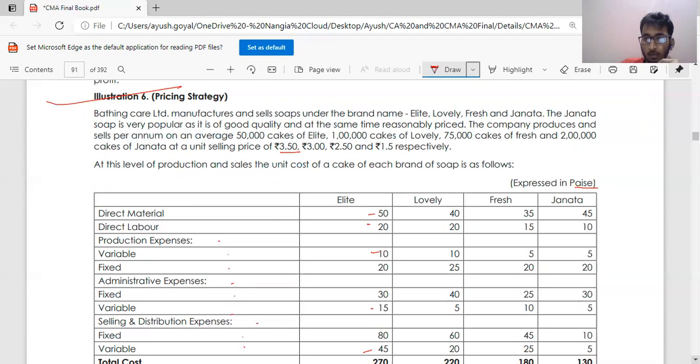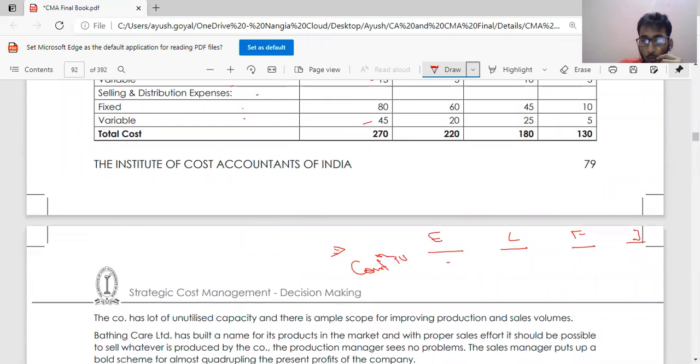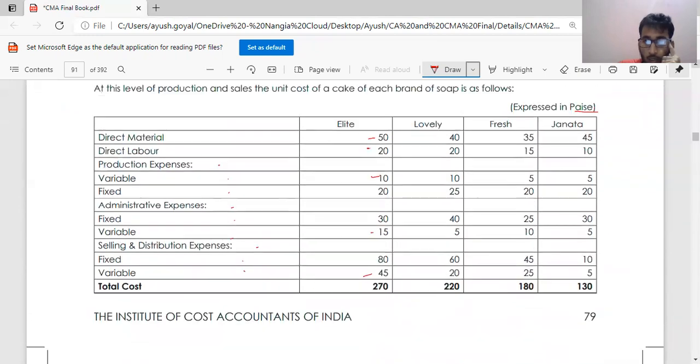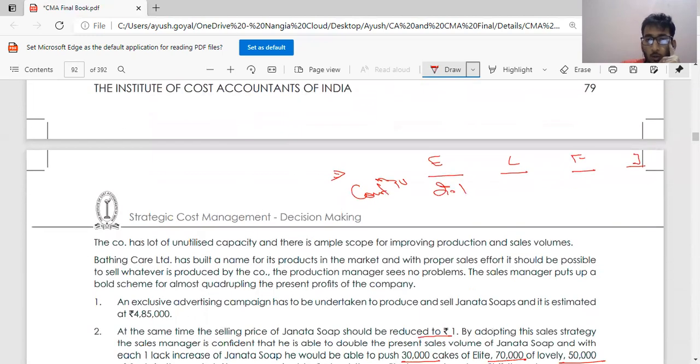I'm doing it very fast. So sale price minus variable cost, I can say contribution per unit would be 2.1 for elite. For lovely, the variable cost is 0.95, so it would be 2.05.